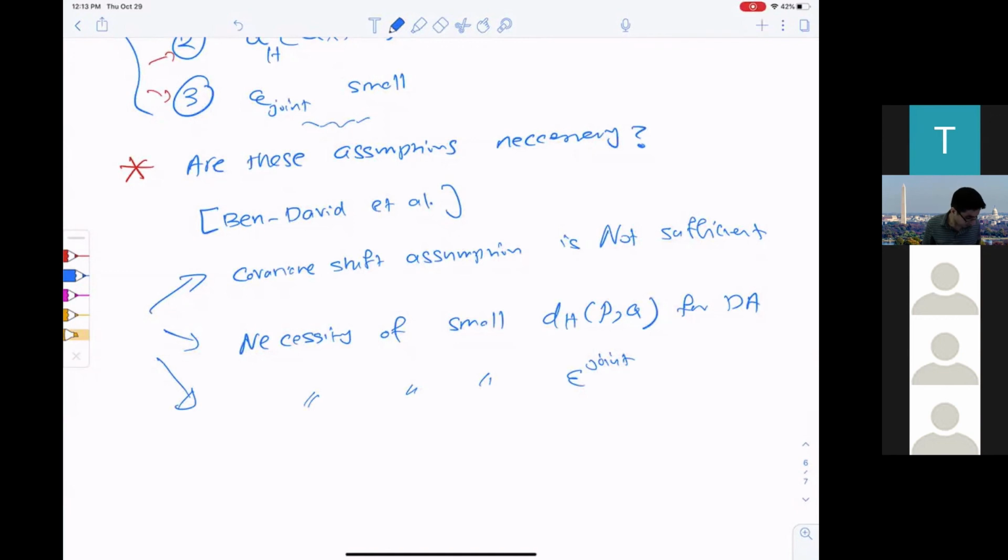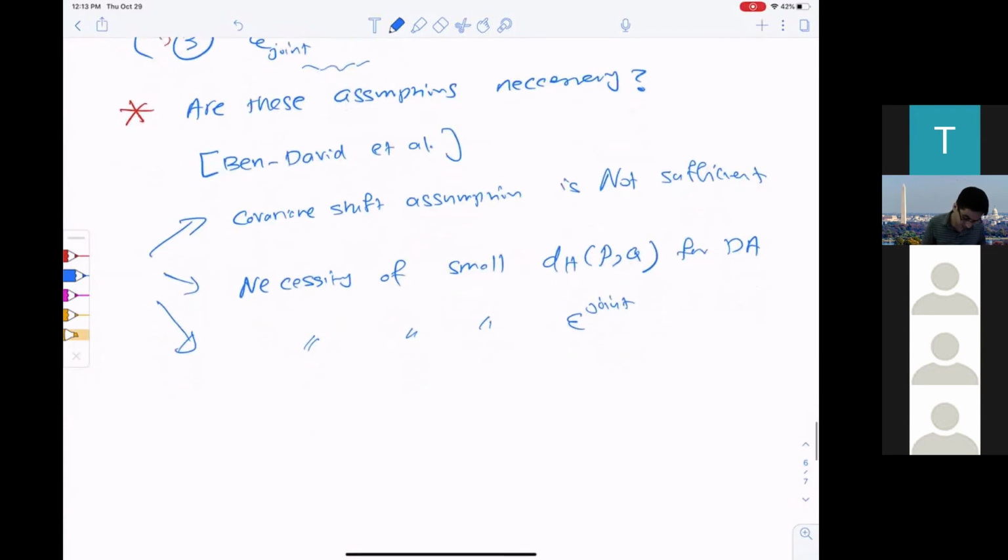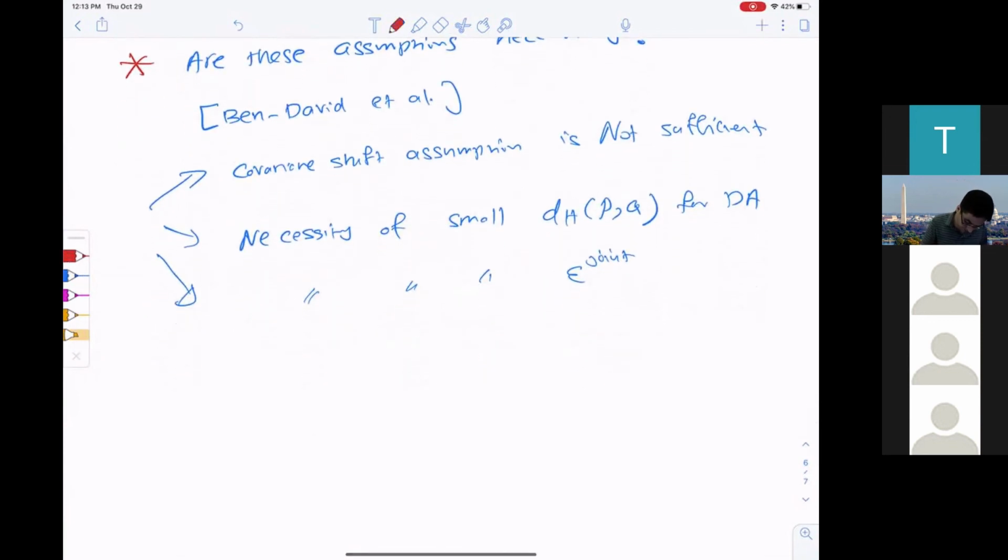In the last minute, I just want to say, in the last 2 lectures, we talked about unsupervised domain adaptation, where we have labeled source samples plus only unlabeled target samples.